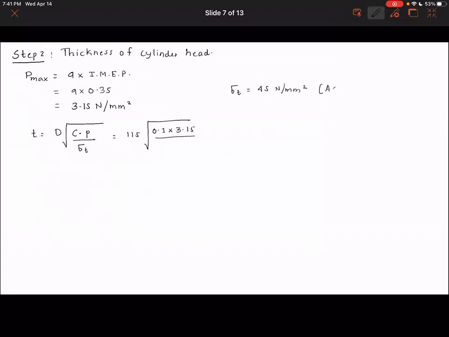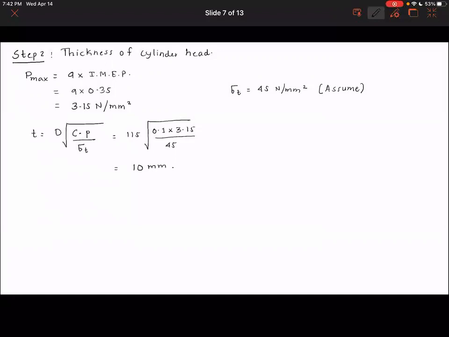So just the assumption. So this gives you about 10 millimeter.